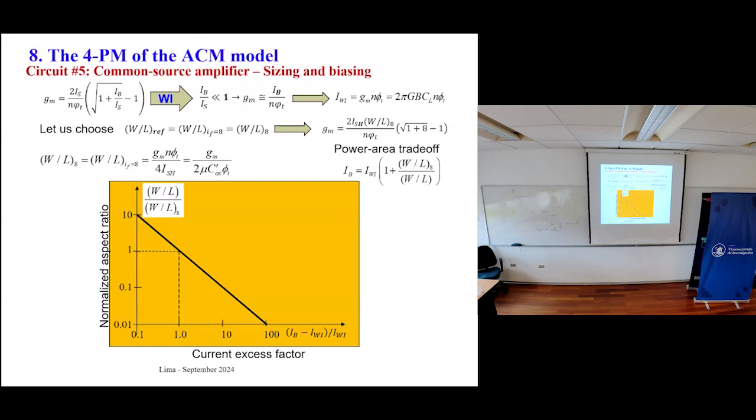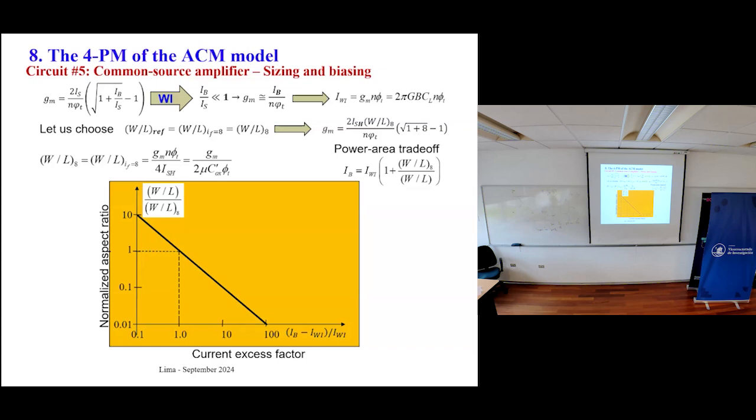For the differential amplifier, you need two identical transistors at the input. If they don't match, you have what we call offsets. Okay? And the offset is proportional to the inverse of the area. The higher the area, the lower the offset.